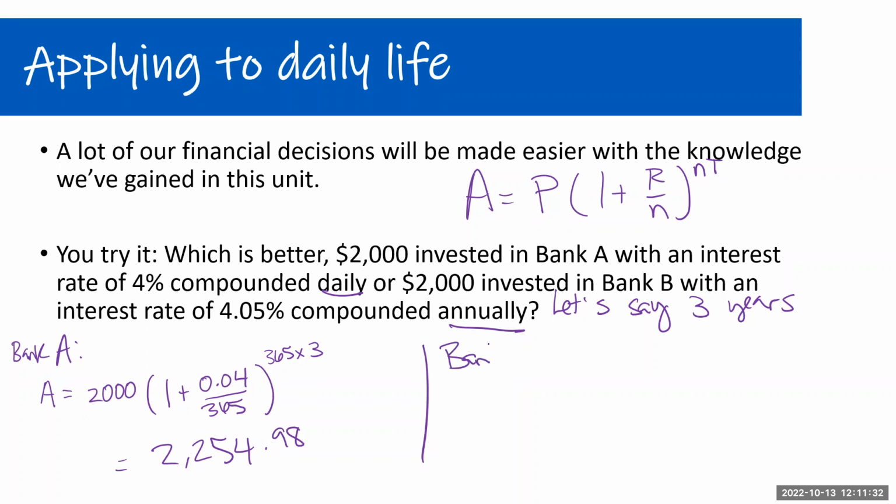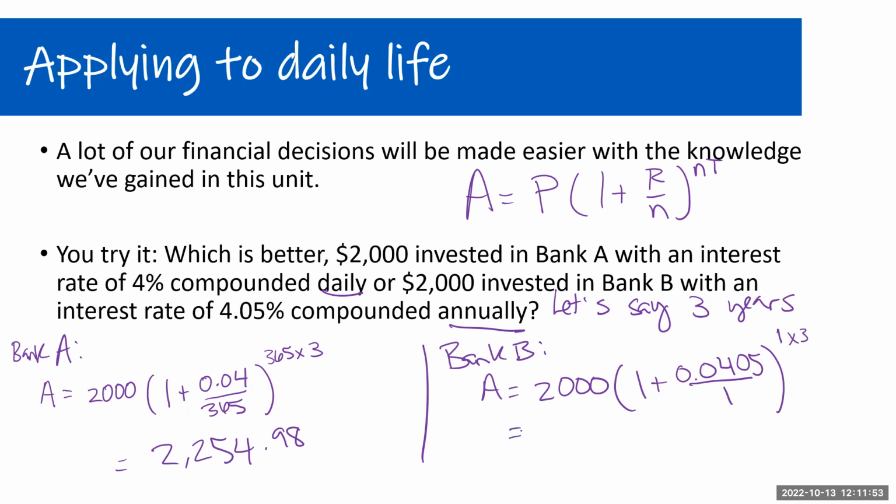At Bank B, at the end of those 3 years, the same $2,000 investment, but now we have a 0.0405 interest rate. And it's annually, so our number of times per year is 1.